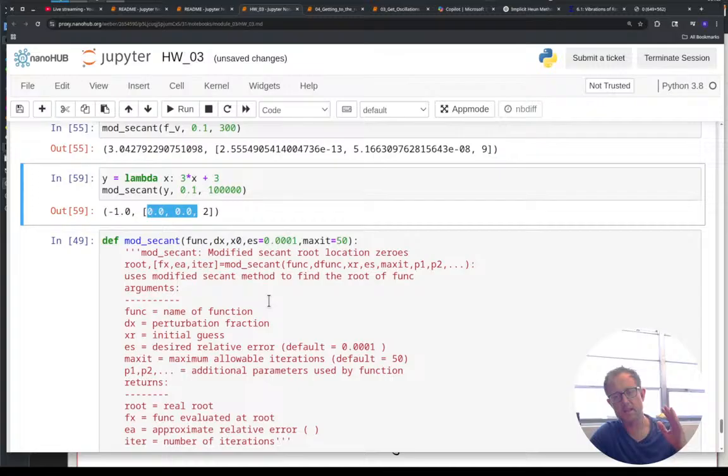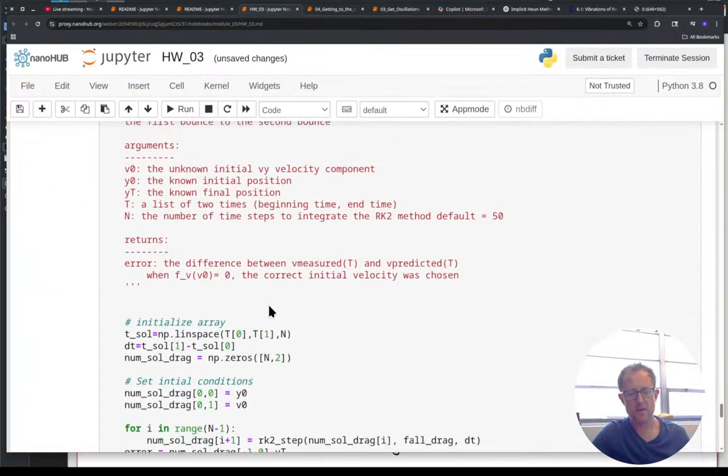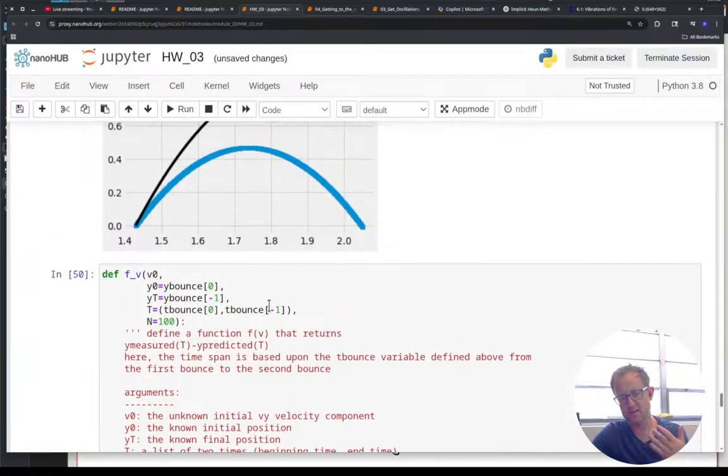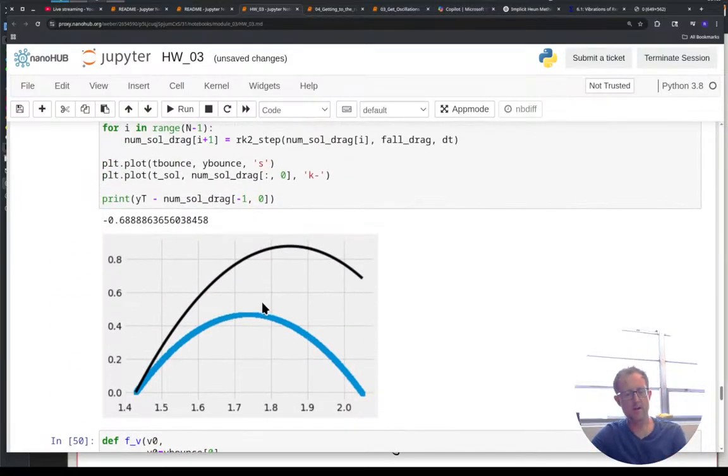All right, so that was a lot of talking about how to do these kinds of methods, implicit methods, the shooting method, all super useful ways of approaching problems that you've probably seen a lot of times in the past.